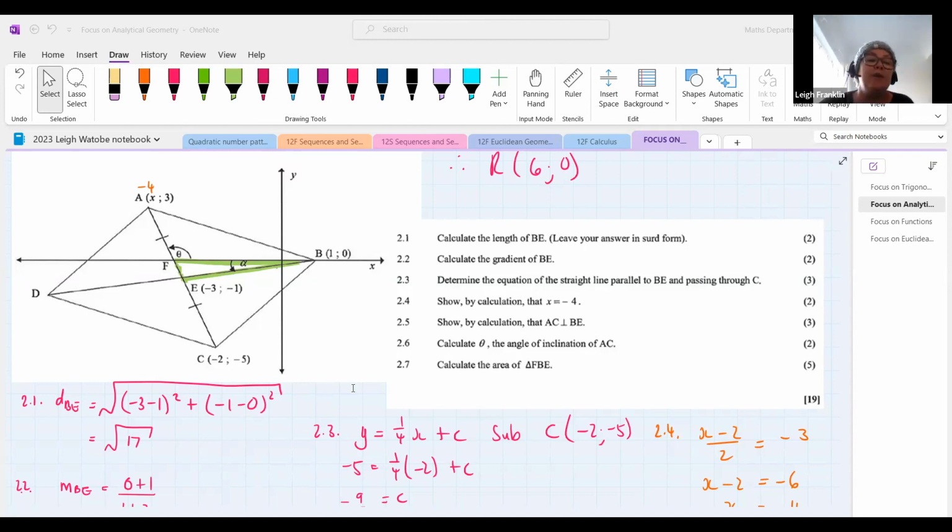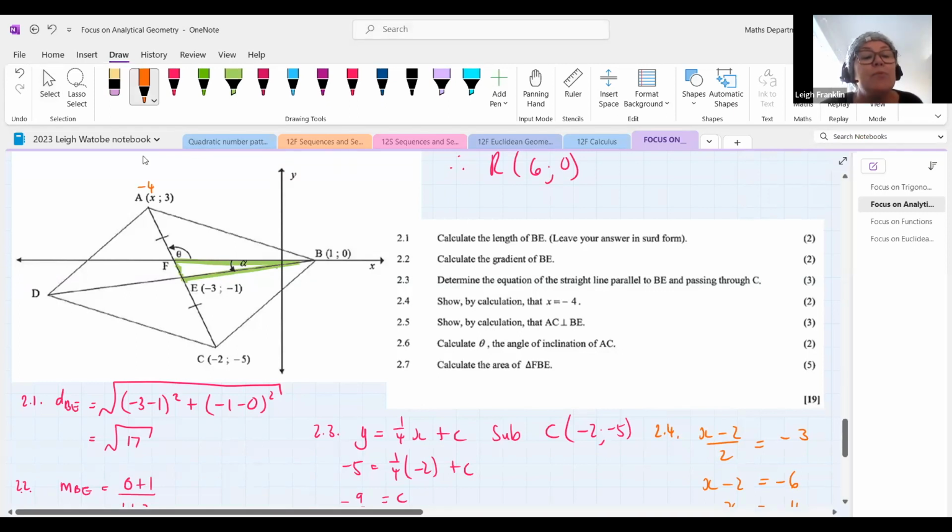What we could do here is, because we have the coordinates at E, you know the distance from here to the x-axis. If I treat line FB as the base of the triangle, then this little orange line that I'm highlighting now, that would be the perpendicular height.